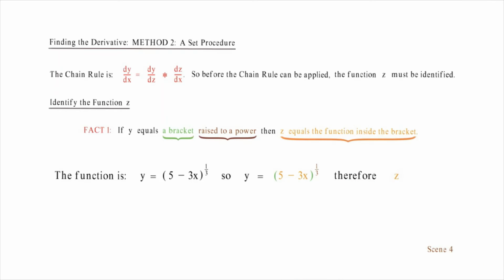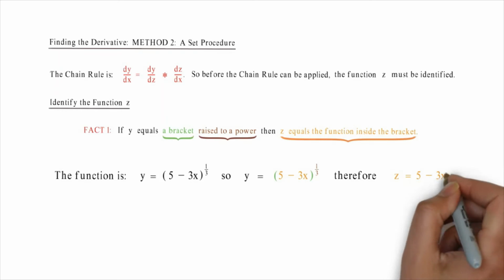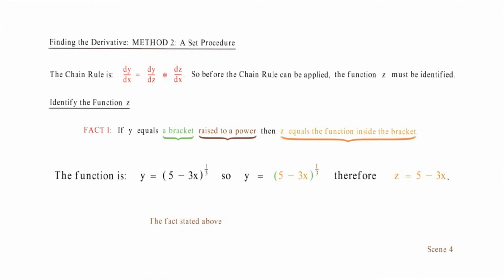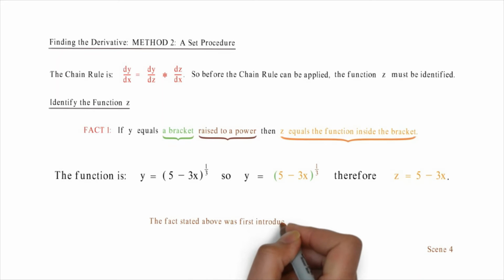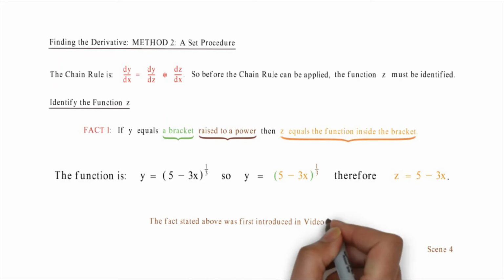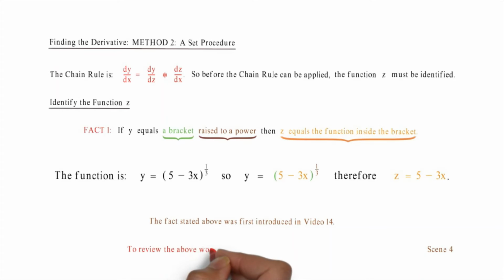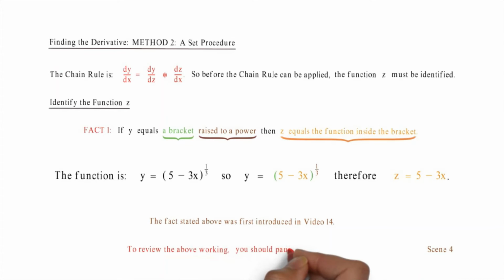Therefore, z equals 5 minus 3x. The fact stated above was first introduced in video 14. To review the above working, you should pause this video now.